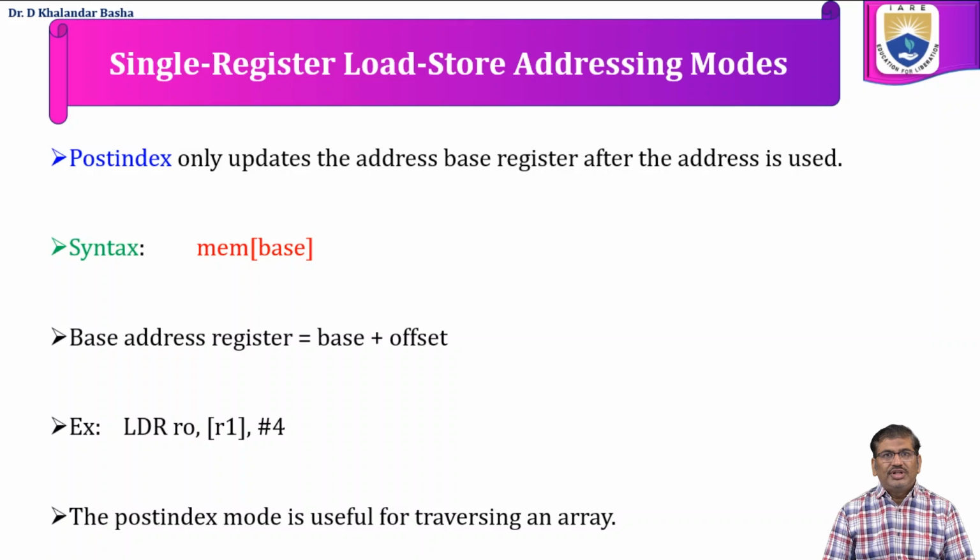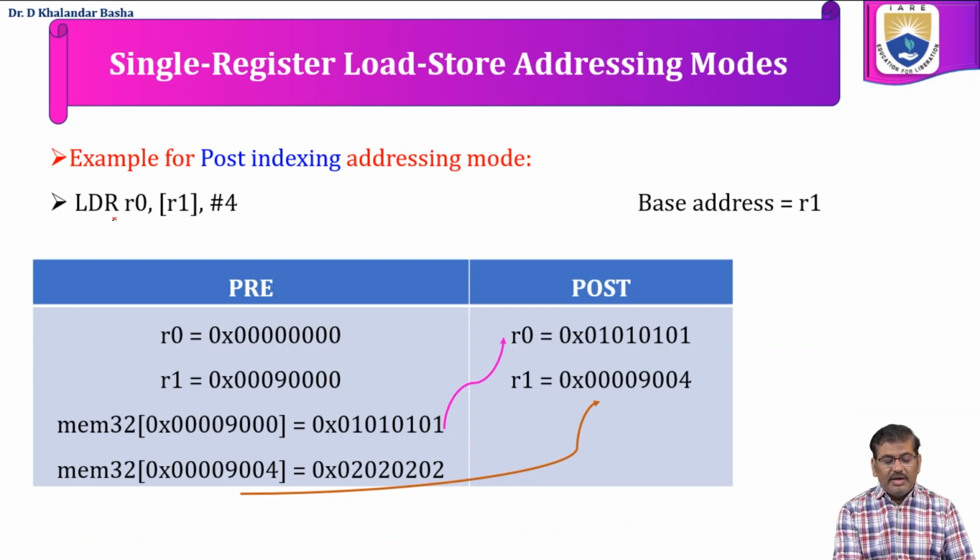Next, we will see post-indexing. The post-index only updates the address base register after the address is used. So here we will take the example LDR R0, [R1], #4. When this #4 is represented outside of the memory brackets, you can consider it as post-indexing.